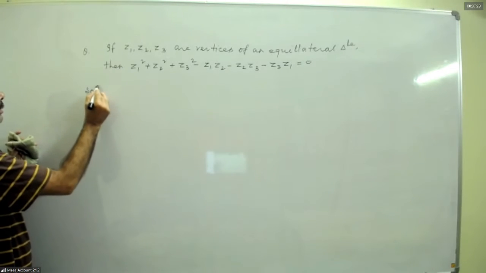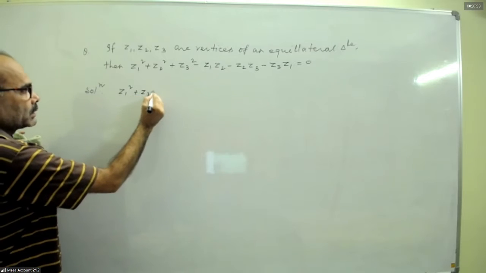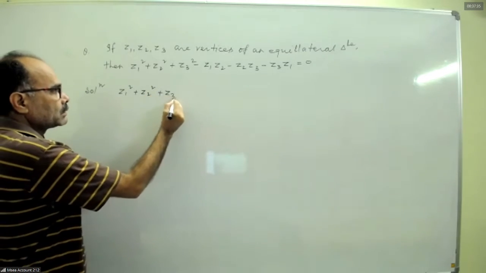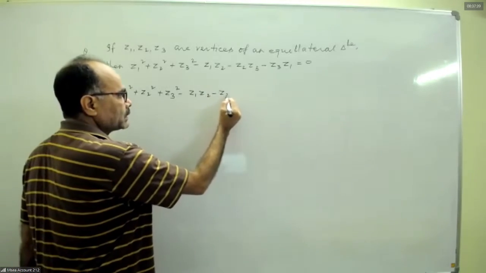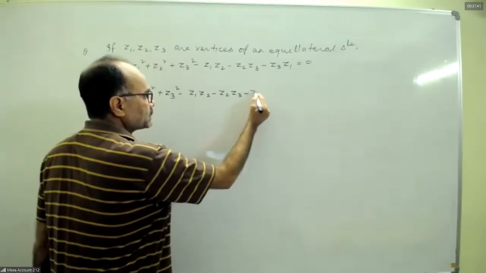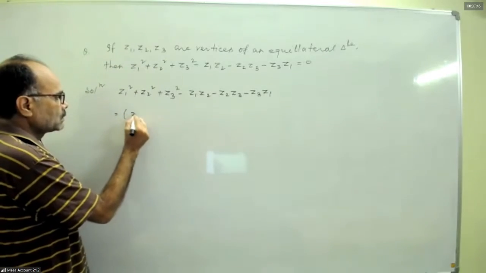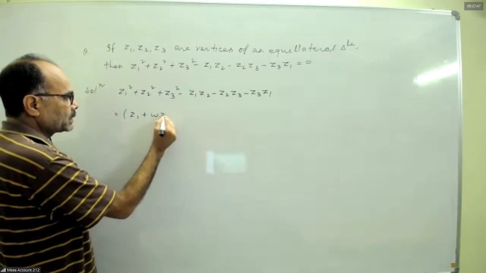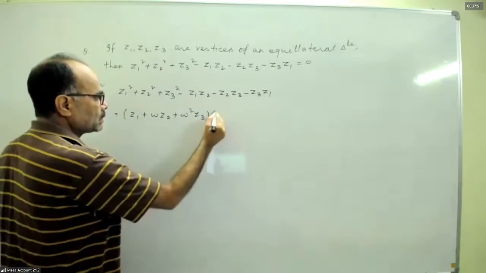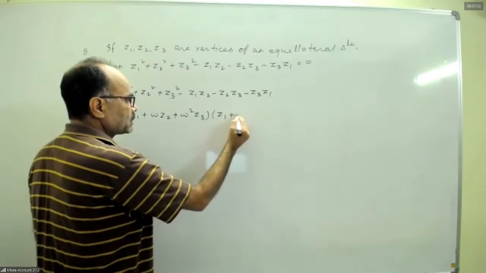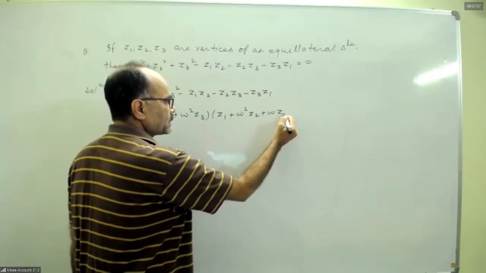Z1 square plus Z2 square plus Z3 square minus Z1 Z2 minus Z2 Z3 minus Z3 Z1 can be written as Z1 plus omega Z2 plus omega square Z3 into Z1 plus omega square Z2 plus omega Z3.